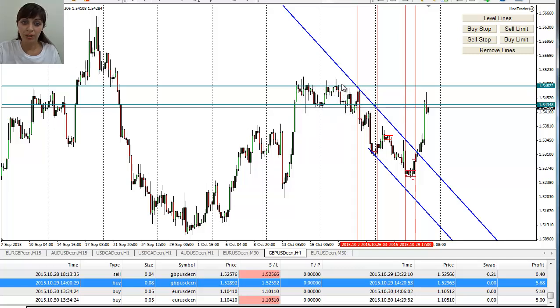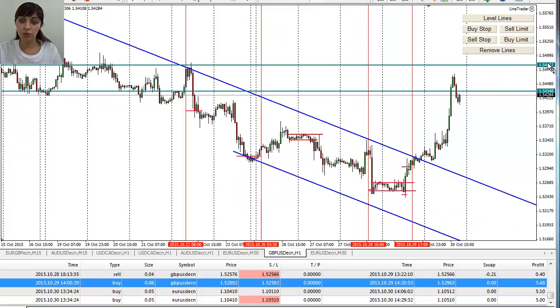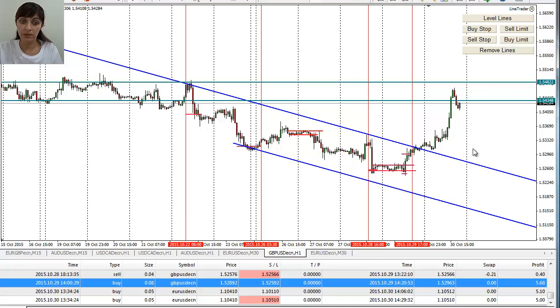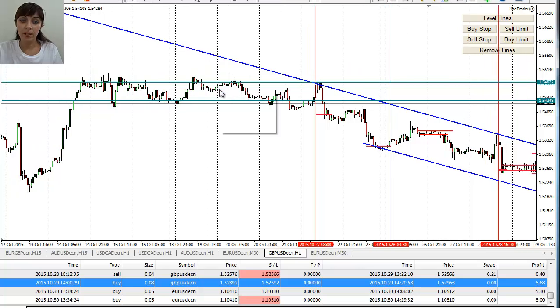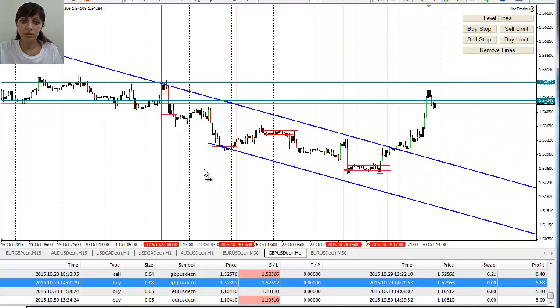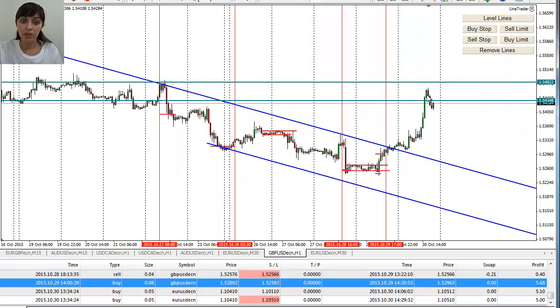It's like trying to break this level. I'm not sure if I will be trading the pound again this week. We'll see what's going to happen, because you can see it's back to this important level, that channel, and I tried to break in, but it didn't get inside it yet.